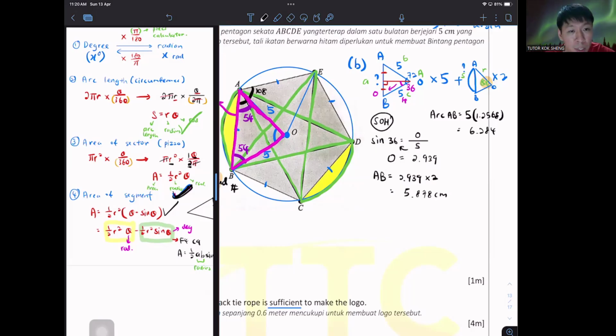The angle here is the same, 72. The answer is a bit different. Okay, wait, let me check the answer first. Oh, cannot do this shortcut. Oh no, I thought only the angle was different.